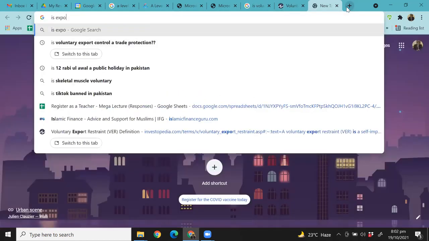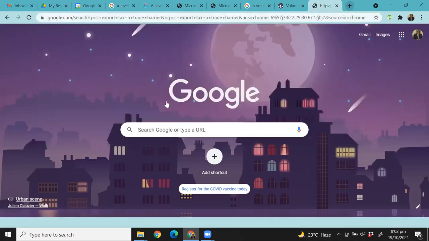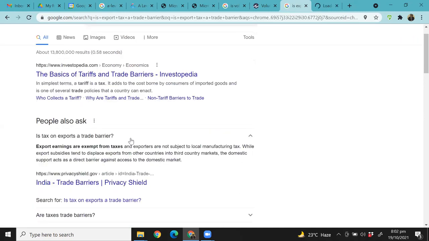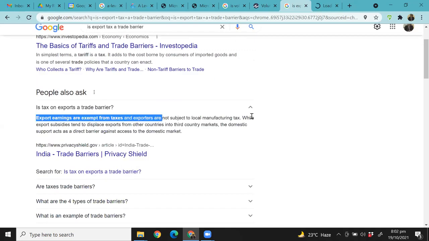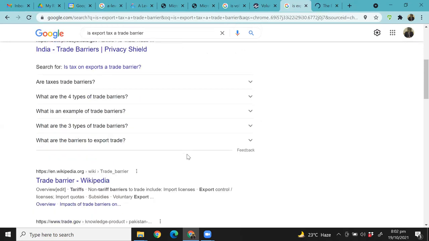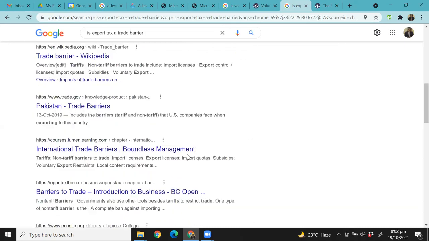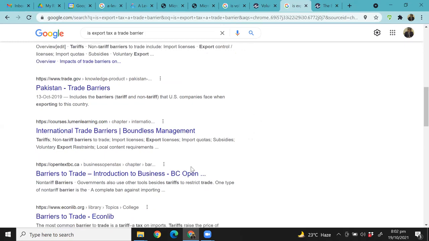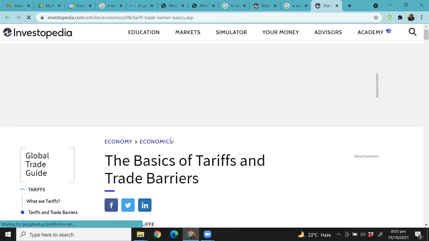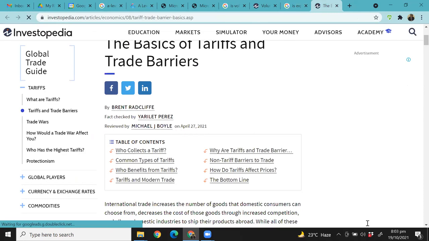Is export tax a barrier, subject to local manufacturing tax, while export subsidies tend to displace exports? Okay, we'll come back to it and we'll see.